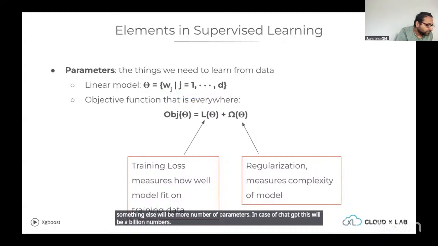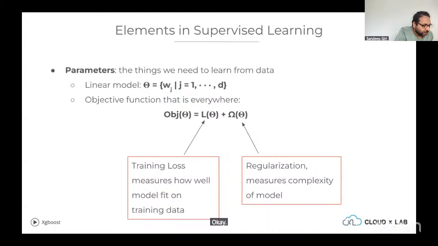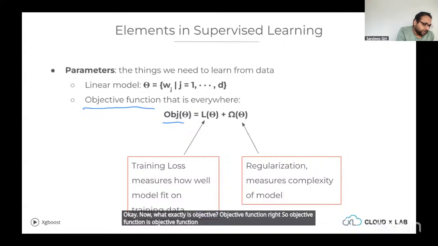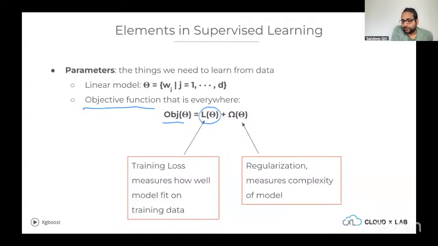Now, what exactly is our objective function? Number one is a loss function.